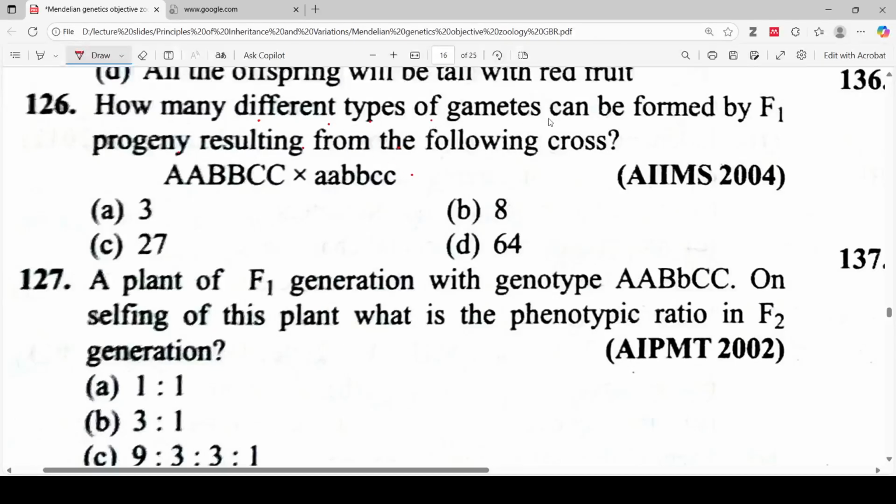Here F1 progeny have 3 different heterozygotes. So 8 will be the correct answer.